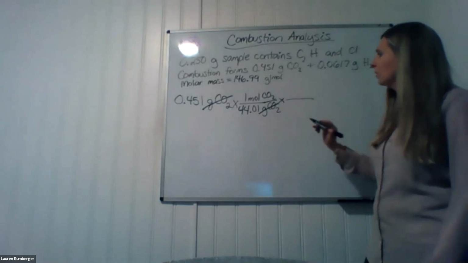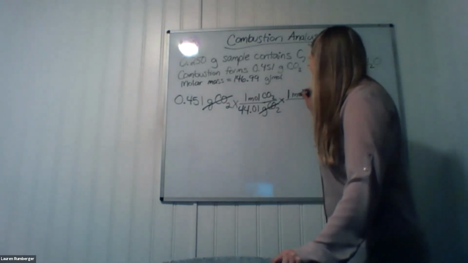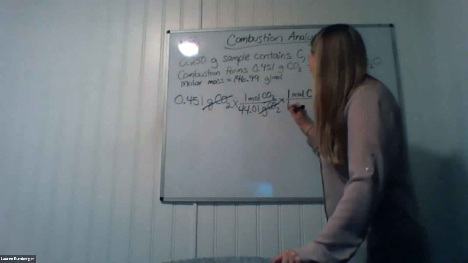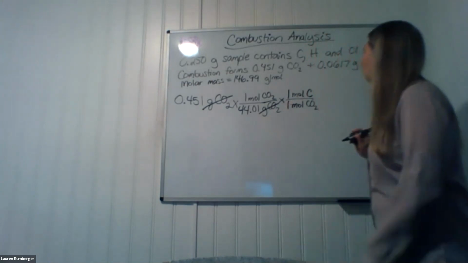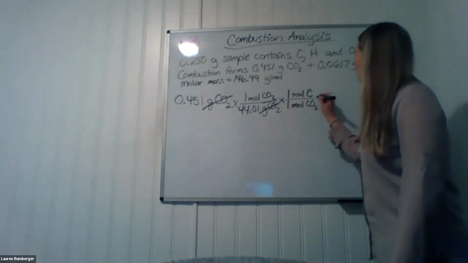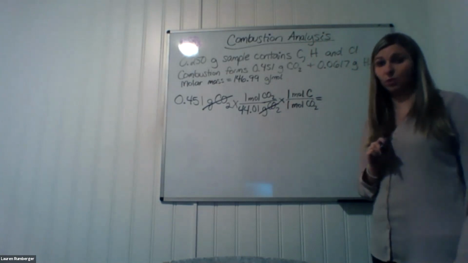Since there's only 1 carbon, there is 1 mole of carbon in 1 mole of carbon dioxide. So this is going to give us the amount of carbon in moles.